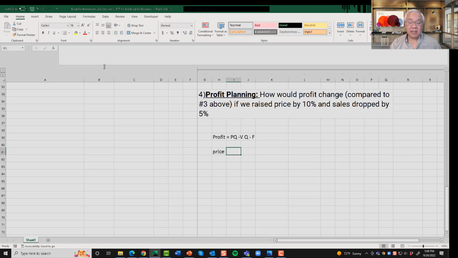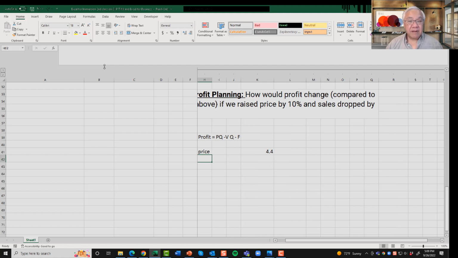Price is going to be equal to 4 times 1.1, right? 10%. So it's $4.40. So now we can figure out the quantity. So the quantity would equal 30,000 times 0.95, because we're going to lose 5% of our sales with the price increase. And that is 28,500 cups of coffee.